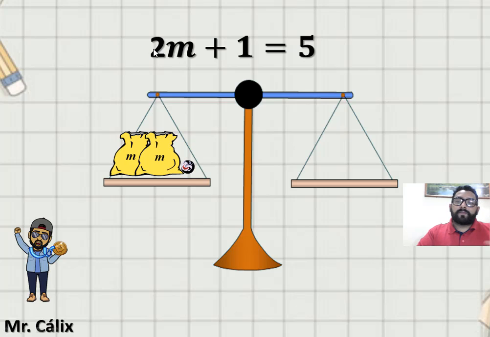Then I'm going to add a marble to represent the quantity of 1. And on the other side, to keep the scale balanced, I'm going to add 5 marbles. And from the equation, we have the model of this equation.